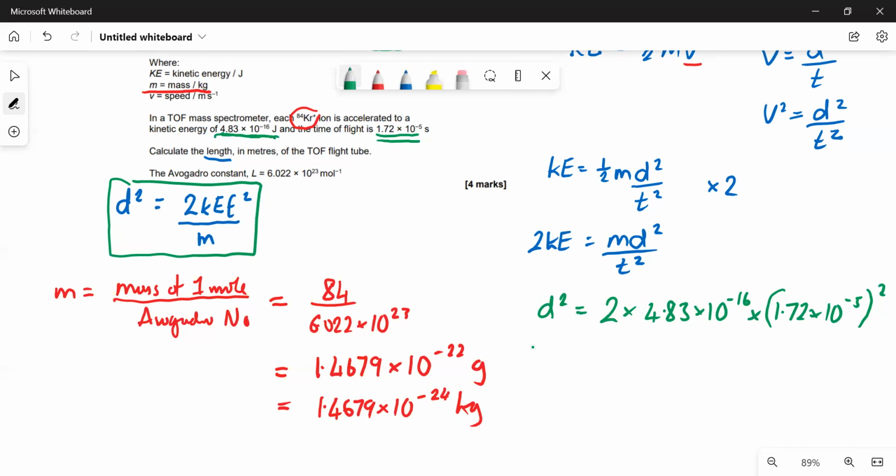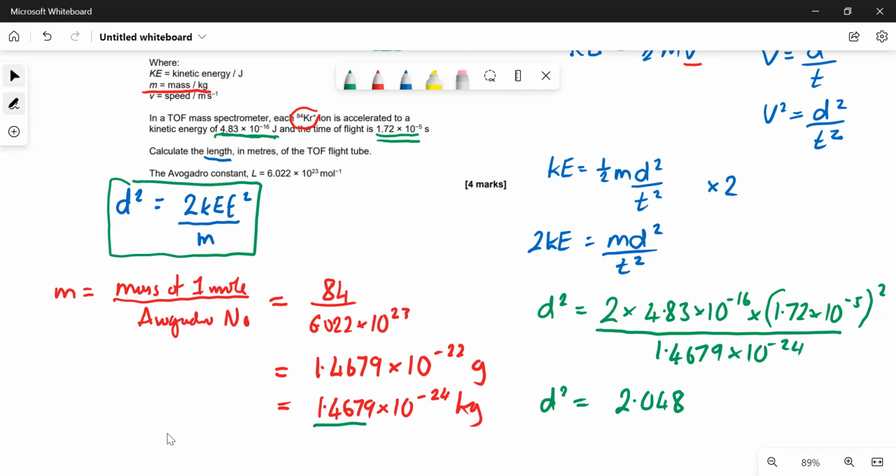And we want that over the mass, which we just worked out, 1.4679 times 10 to the minus 24 kilograms. So we get a value of d squared equal to 2.048.